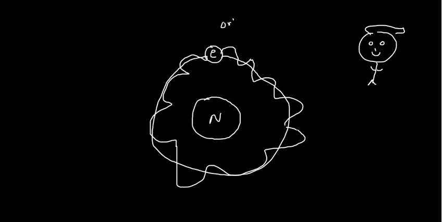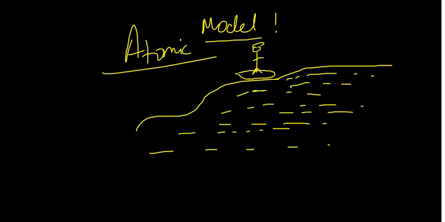The orbit has its own energy, just like the wave. In this case, the wave has energy. Does the electron have energy or not? Imagine this person is the electron.